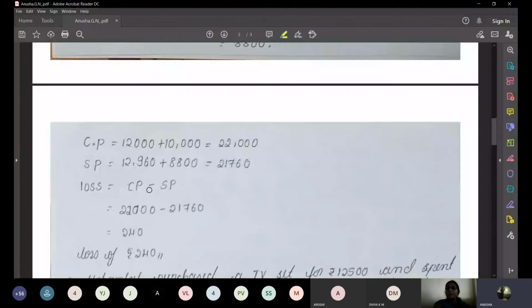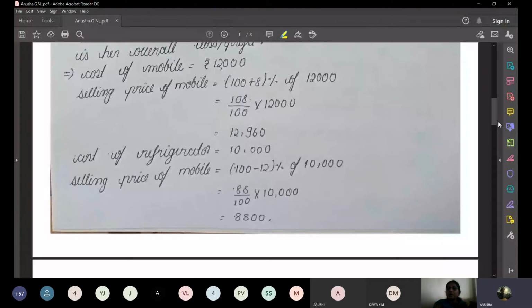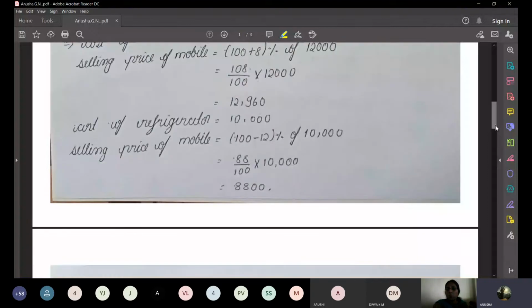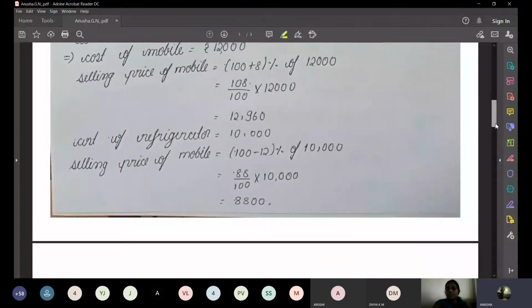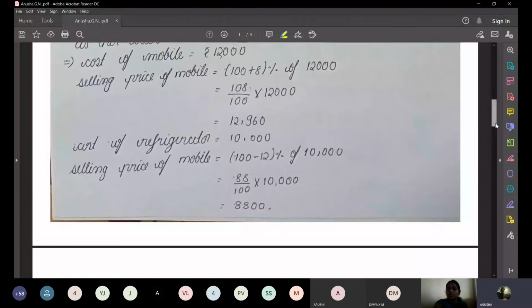Okay. Number 5 students, fifth students are not there at all. Indu Lakshmi.